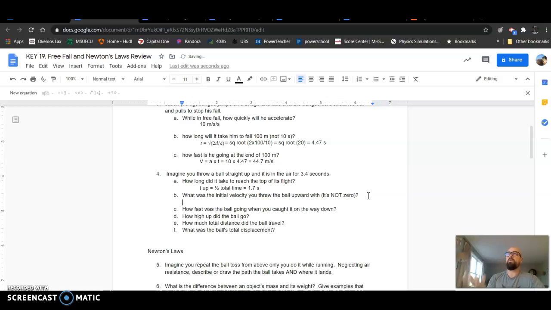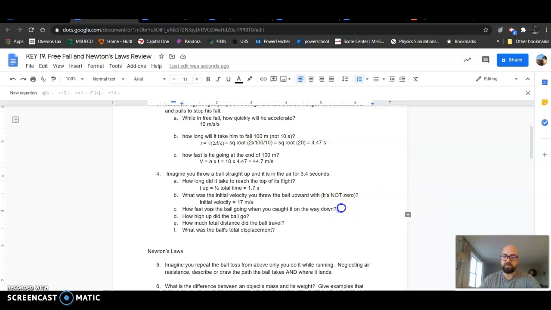So remember, if we throw a ball up and it takes 1 second to get to the top, it must have started at 10. If it takes 3 seconds to get to the top, it must have started at 30. So here it took 1.7 seconds to get to the top. So the initial velocity was 17 meters per second. Or if you're thinking math, you're taking the time to go up times 10.